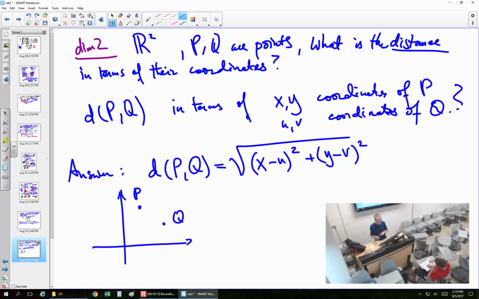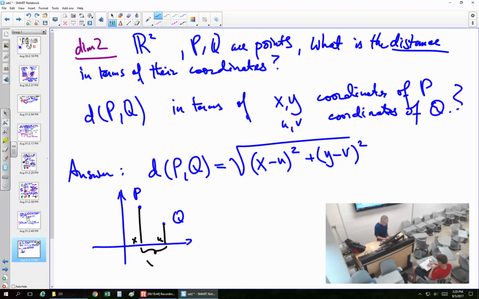Okay, so to see where this is coming from, it is a good idea to know that it comes from the geometry of the axes. So what is this distance? It's the absolute value of x minus u. That's right, because this is x, and this is u, right?